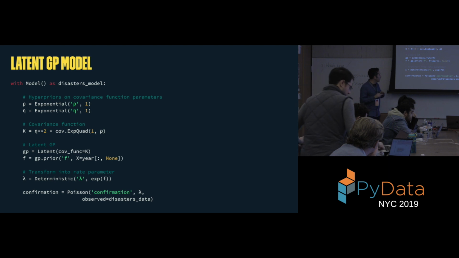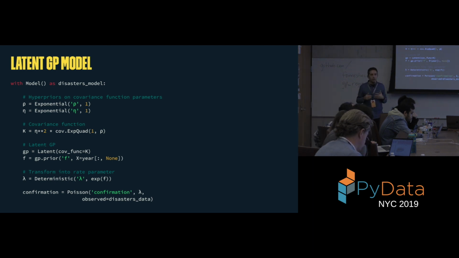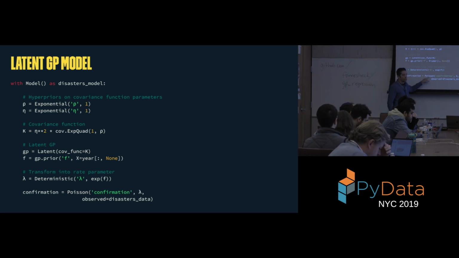So we've done away with that boundary. In PyMC, those sorts of transformations we wrap in a deterministic node. So this is just an arbitrary deterministic transformation. And then we use a Poisson likelihood rather than a normal here. So our likelihood is Poisson now, where the expected value is lambda. And then here are our disasters. The year is here.